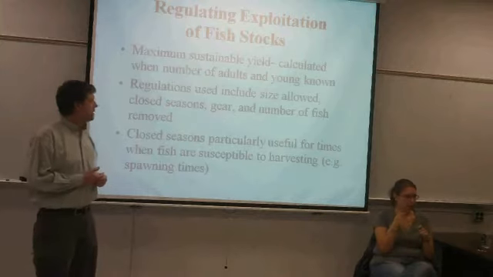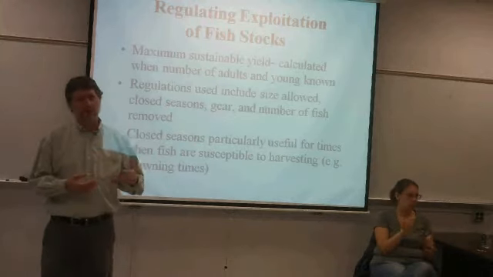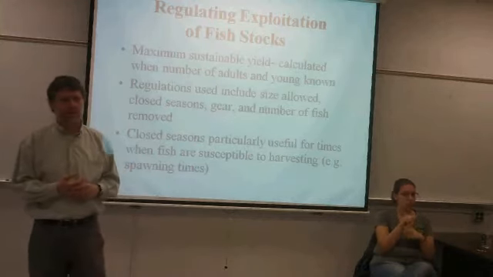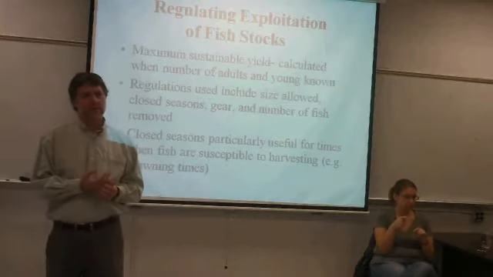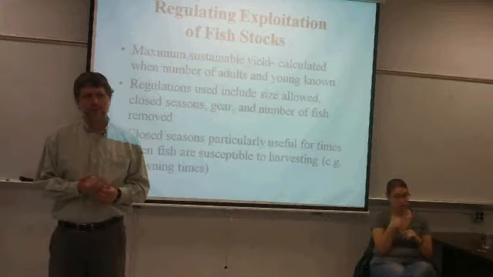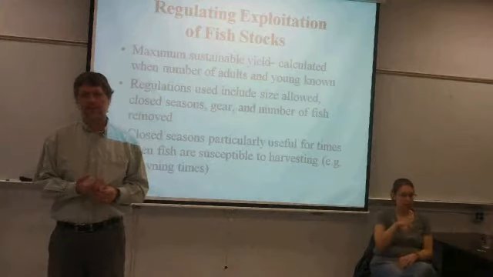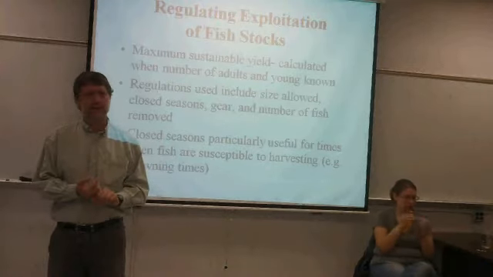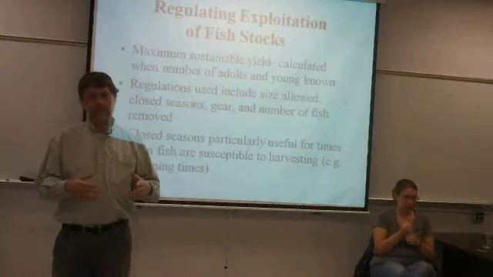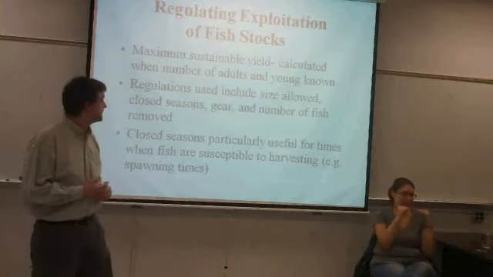Oftentimes spawning season will be a closed season for fishes. And for the species where there isn't a closed season, oftentimes the peak time to catch them is during spawning season or close to it, because they're concentrated, they have a high energy demand, so they're feeding as fast as they can, to get back to that energetics graph that we put up there.